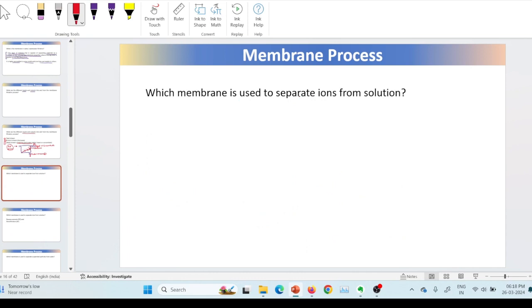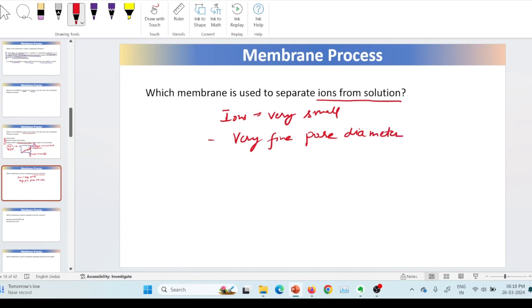Which membrane is used to separate ions from solution? Ions are very small, so for that we need a very fine pore diameter.